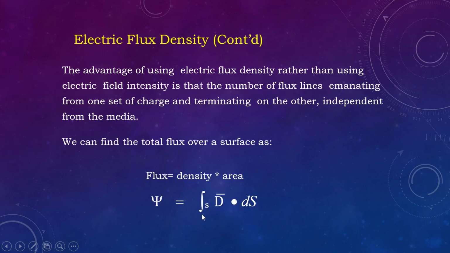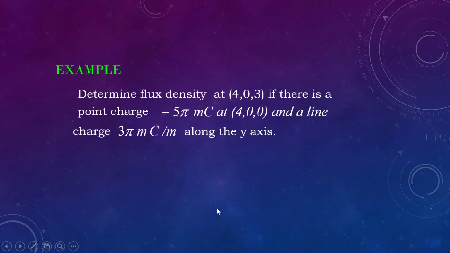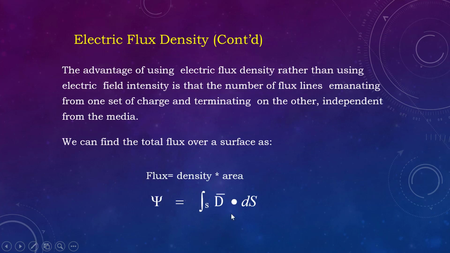It has to be taken as a dot product between D bar and dS bar. So the surface integration of D bar dot dS bar is equal to flux. And this is an important formula to find flux if we know D bar, where dS bar is the area vector.